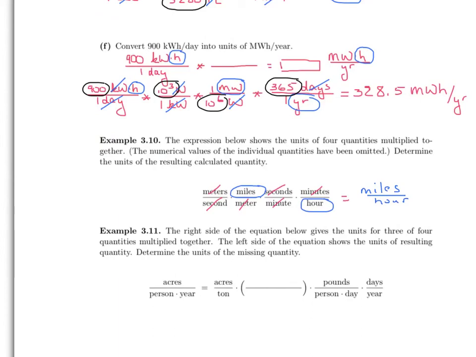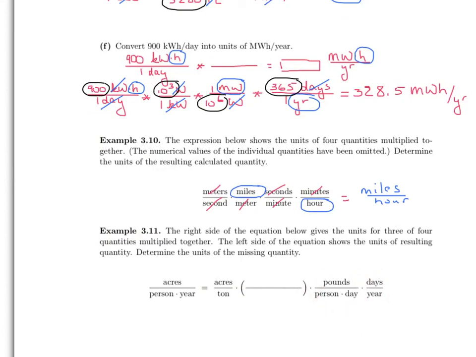All right. Let's look at example 3.11. The right side of the equation below gives the units for 3 out of 4 quantities that are multiplied together. So you have to imagine, here's one quantity, here's another quantity for which no information has been given, here's a third quantity, and a fourth.